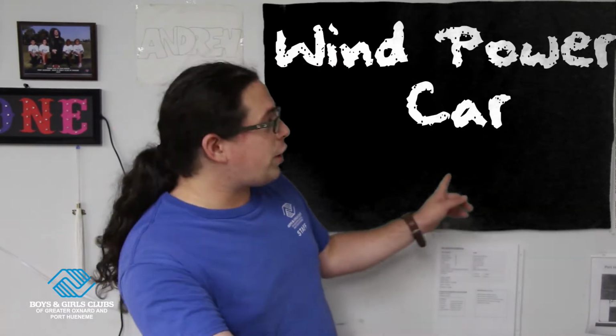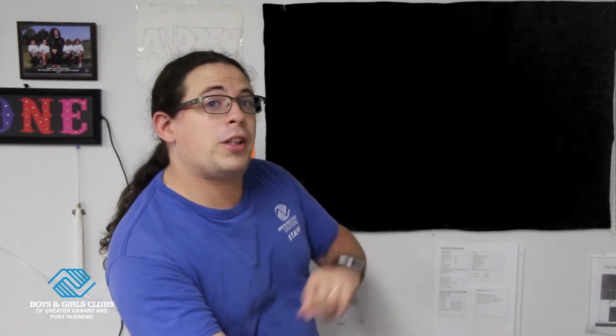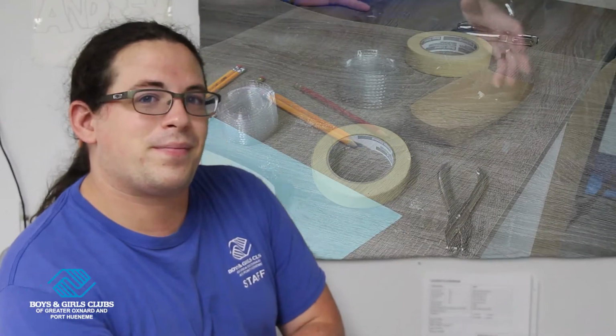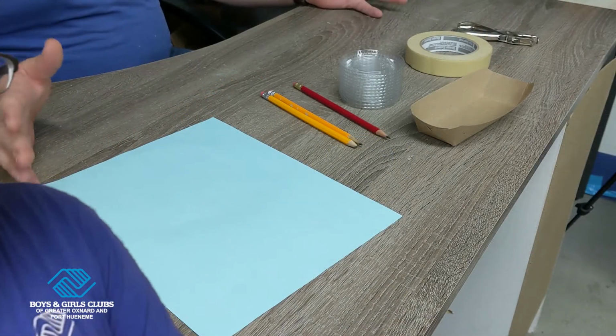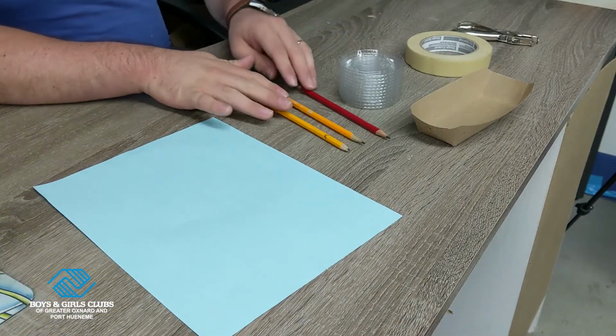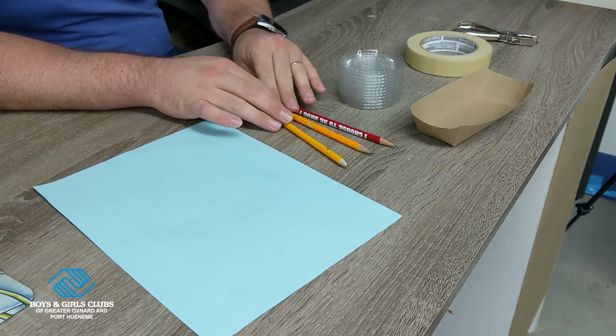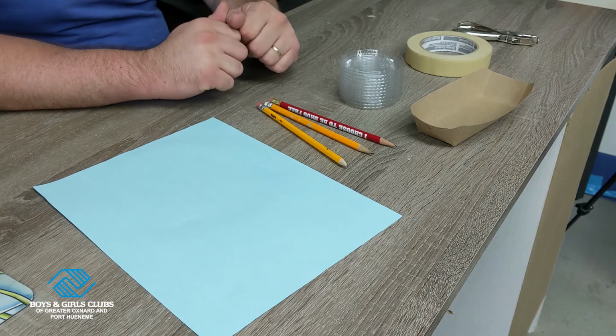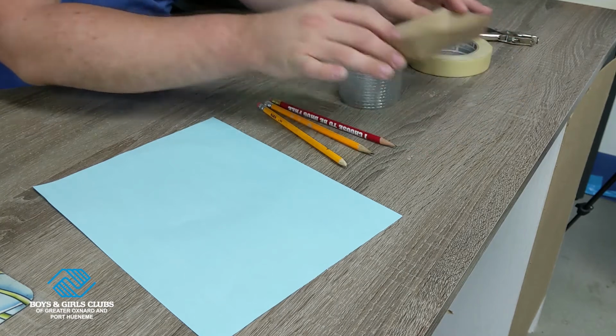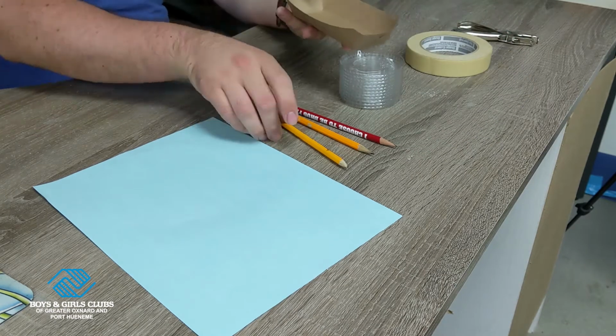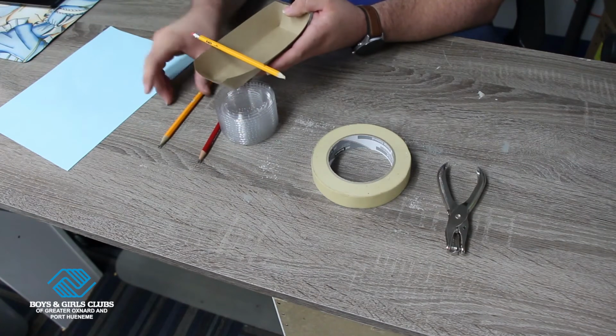Now, the way we're going to make this is we're going to need some materials. So let's go ahead and check over here, and I'll show you what materials we're going to be using for today's activity. We're going to have a couple different materials. We need 3 pencils. Doesn't matter what length, as long as they are long enough to fit into our main subject, which is going to be this container. For me, 2 of them will fit, and that is all I need.